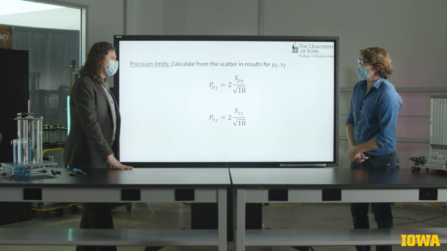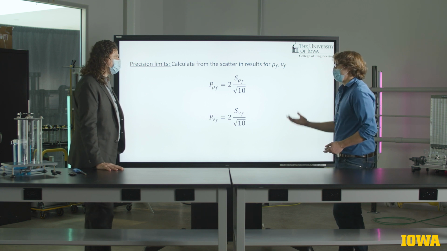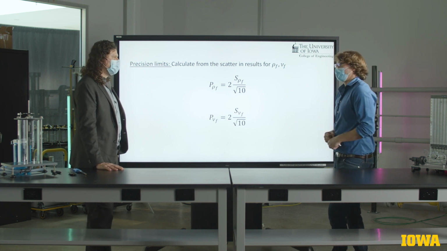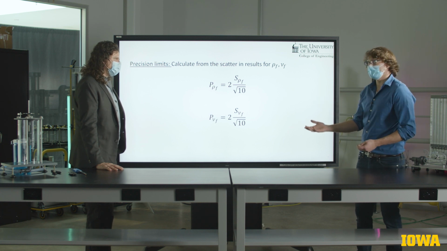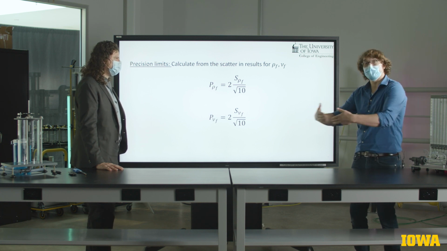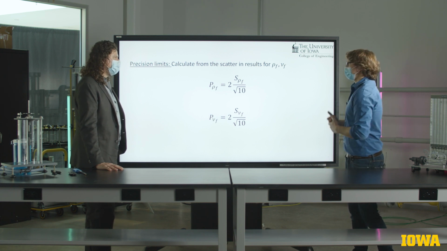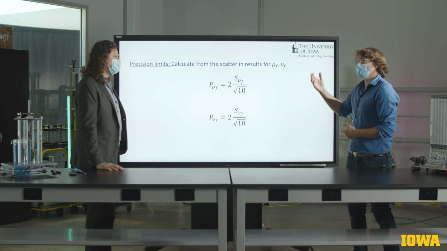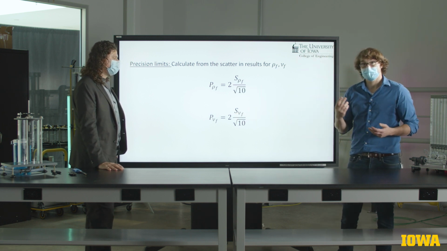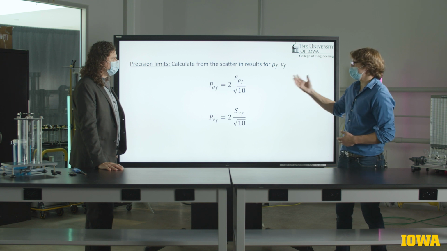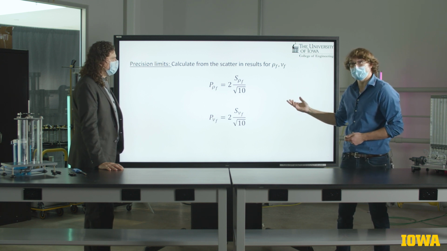Now you'll notice we didn't use any propagation equations here. This is simply because we have two options to estimate precision. We can look at the precision limits of each of our individual measurements, and just like with the bias limit, propagate those through our data reduction equations. But in this case, since we have independent estimates of density and viscosity, 10 each, we need to look at the scatter in the end results directly.